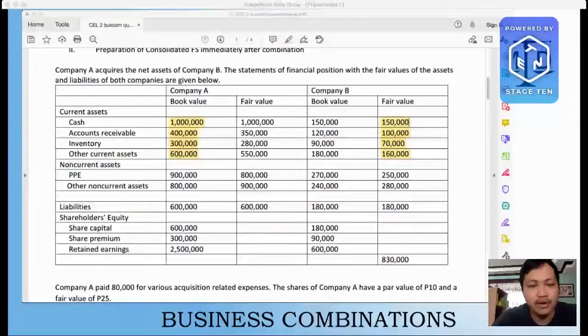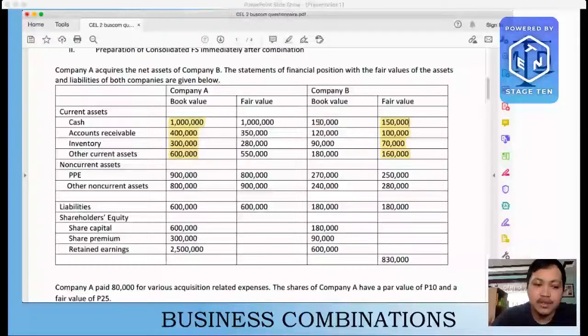Please take note that the financial statements that will be given in the problem class would normally be the financial statements immediately before the combination. And what we are trying to prepare is the financial statements immediately after the combination. Now you have to take into account the transactions that happen in between.